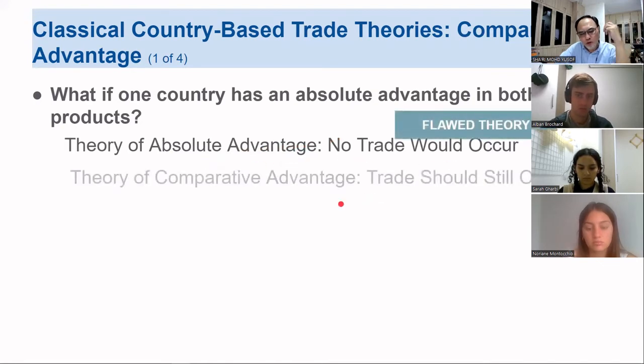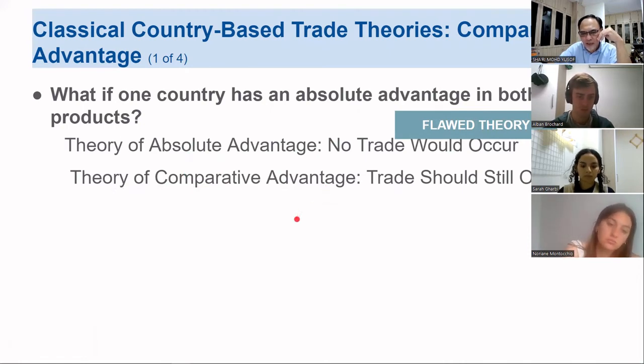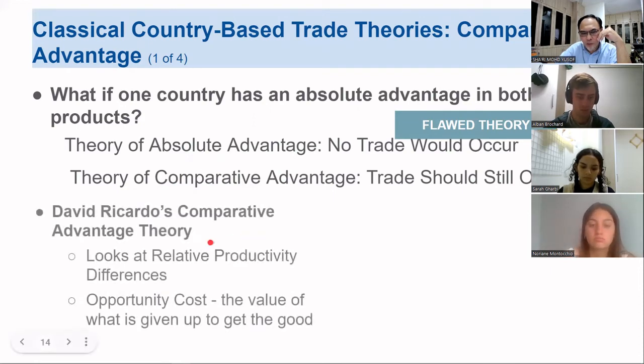So we move on to another theory, which is actually an improvement to that, called the theory of comparative advantage. Comparative advantage rather than absolute advantage, it's in comparison with.